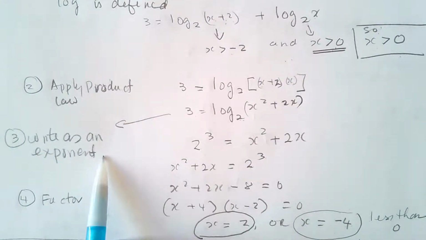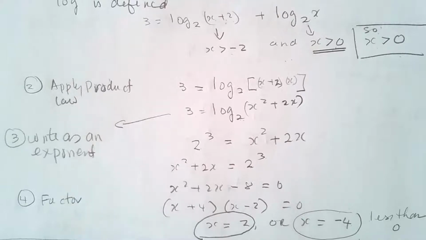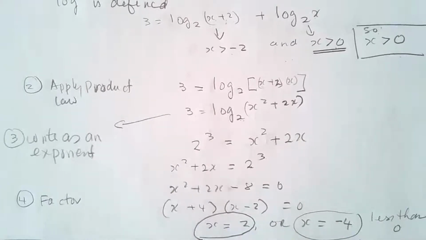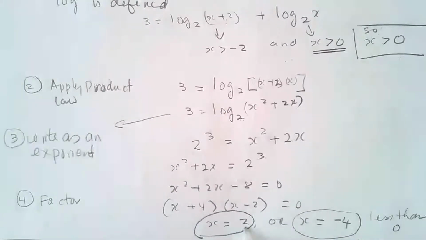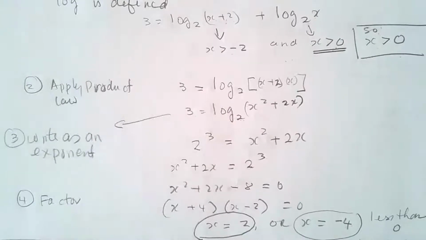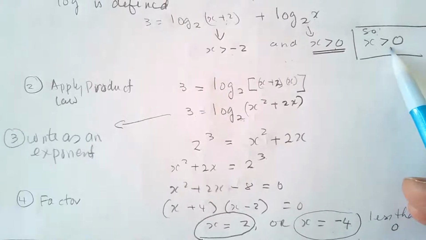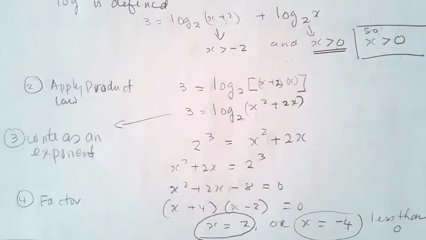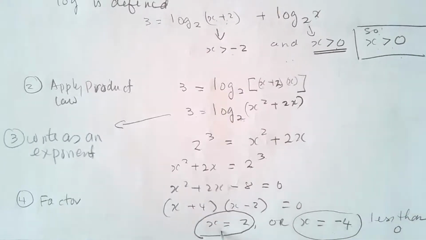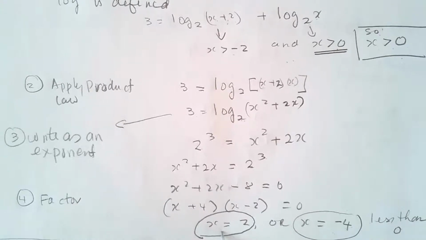Following that, we write an exponent, we simplify, and then we factor. We have two solutions, x equals 2 and x equals -4. X equals -4 is an extraneous solution because by definition the log argument has to be greater than 0. So our answer is x equals 2.